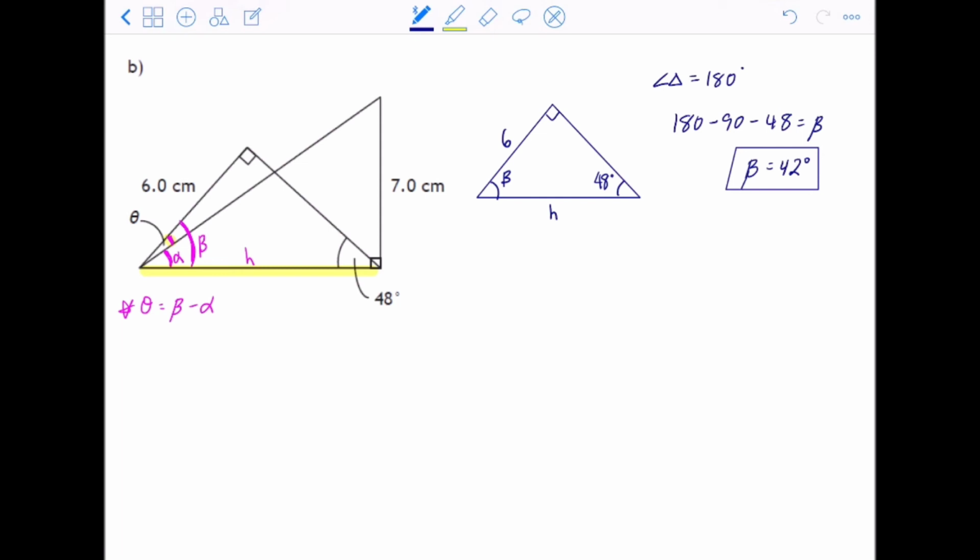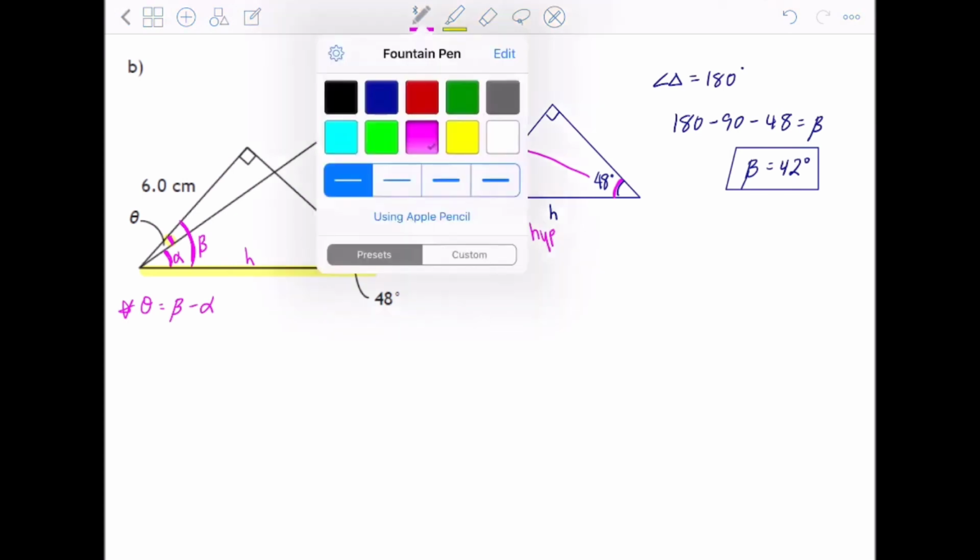It really doesn't matter, but you don't want to use beta to solve for h, in case this value is a decimal and doesn't end nicely. Then you might have to stick to the given number, which is 48 degrees. So using this angle, let's label the sides. The side across from that angle is the opposite side, and h is the hypotenuse, the longest side of a right triangle.